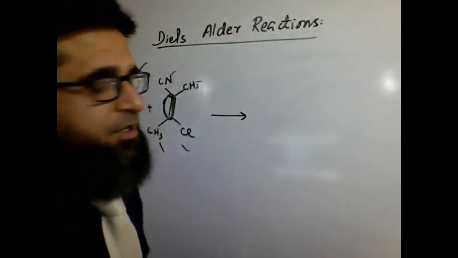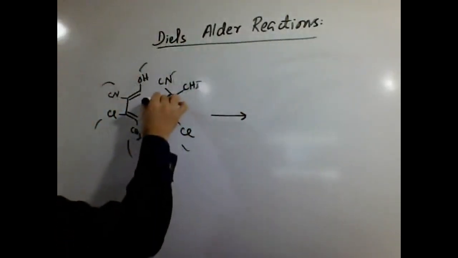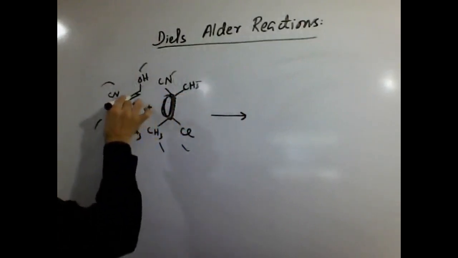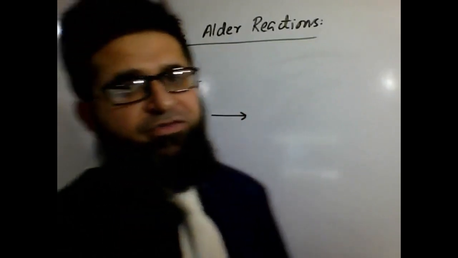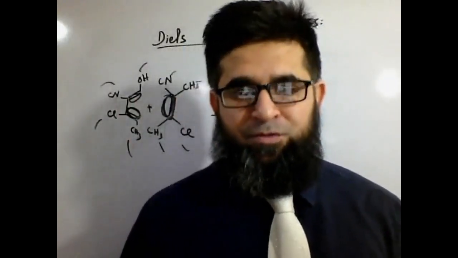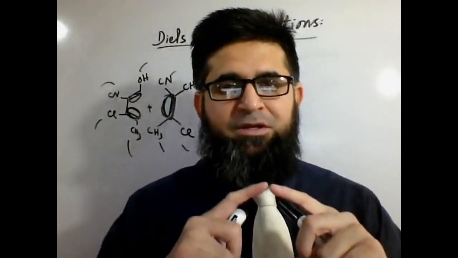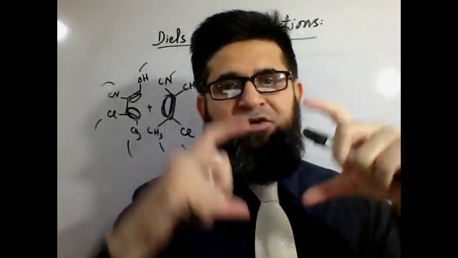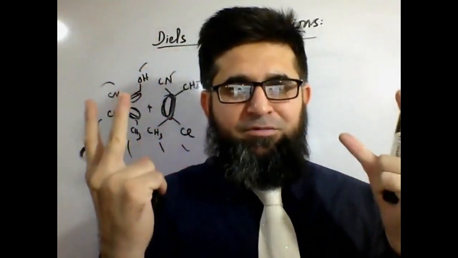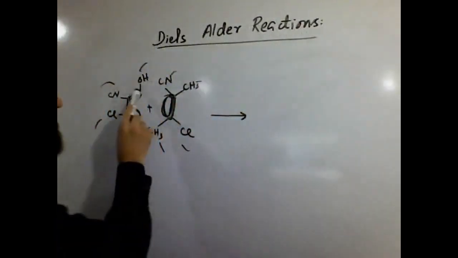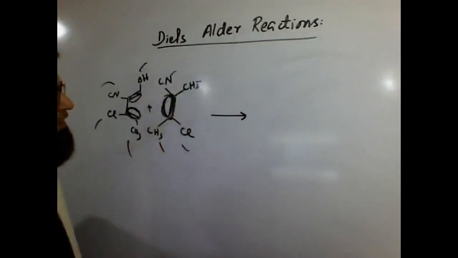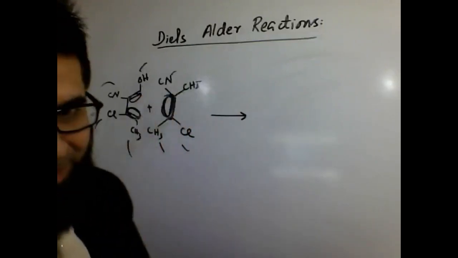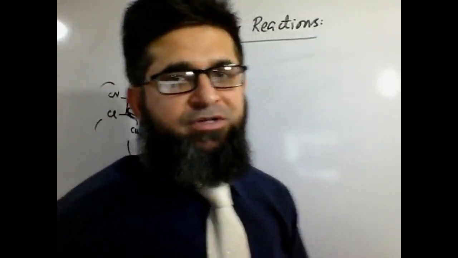What is to be in the reaction? Only this double bond over here and these two double bonds in the diene. They are going to be part of the reaction. They are to move to make the cyclic adduct. Whatever the other substituents around the 4 carbons on this diene and the 2 carbons of the dienophile, they will remain as such present in the product.